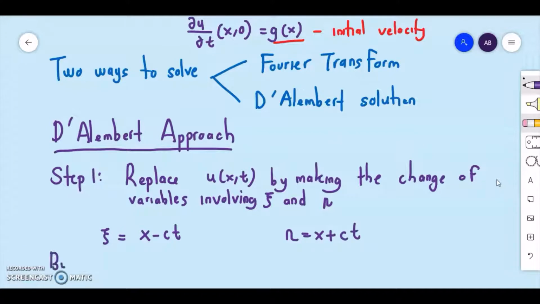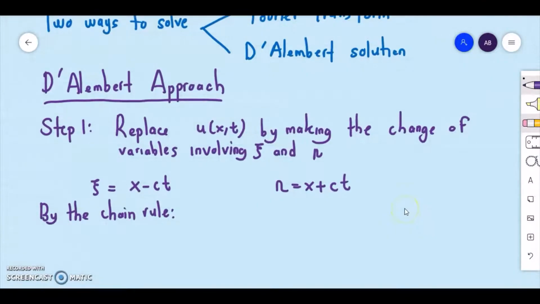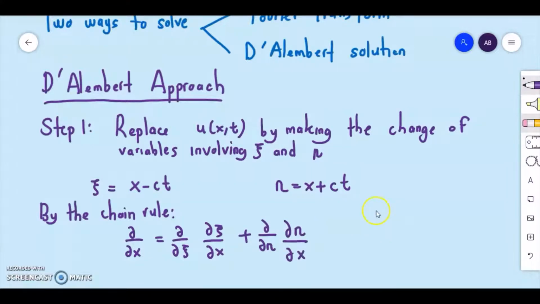Now by the chain rule, I can get equations involving psi and eta. Let's look at the first derivative with respect to x. By the chain rule, I have partial over partial psi times partial psi over partial x, plus partial over partial eta times partial eta over partial x.